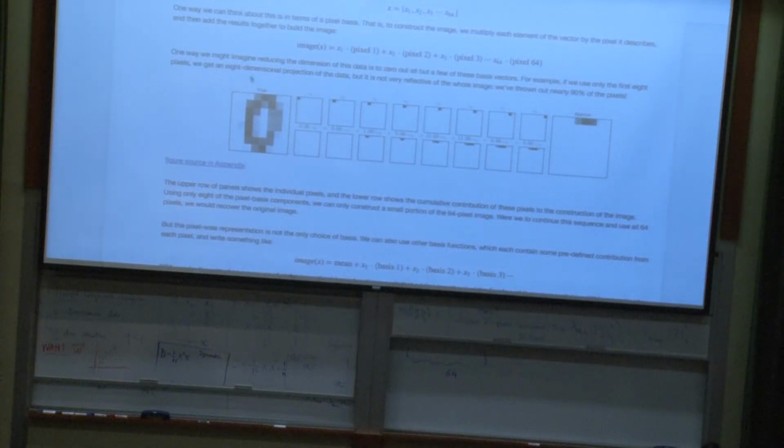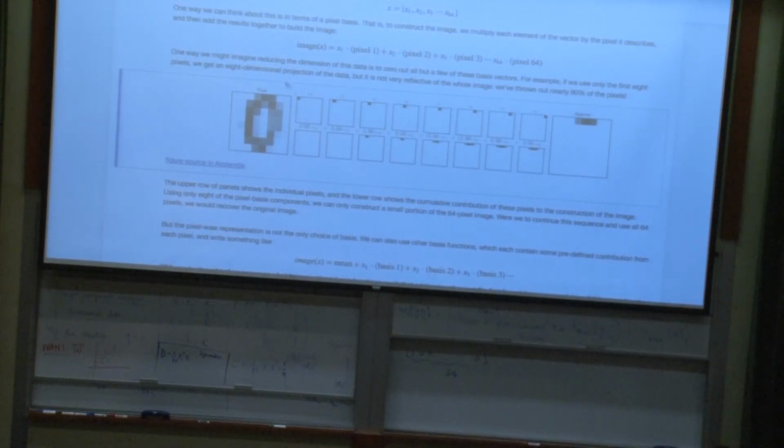And here, this is representing the unit vector corresponding to a 1 and then 63 zeros, but it's just represented as a square. Does everyone see that here? This is the second unit vector. So there is a 0, and then the 1, and then the remaining 0s, and so on.